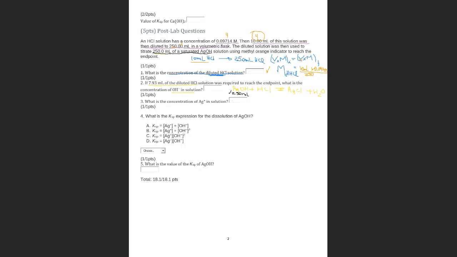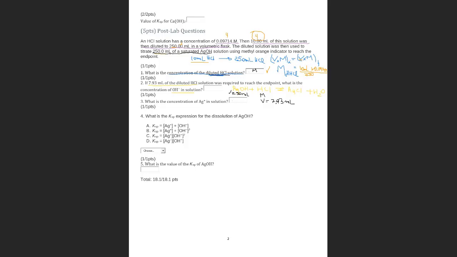We know the molarity of the diluted hydrochloric acid, which is this number, let's say M. The number that you got here, the concentration of the diluted hydrochloric acid, and you know the volume also. That is 7.93 mL. So this would be very simple. What is the concentration?